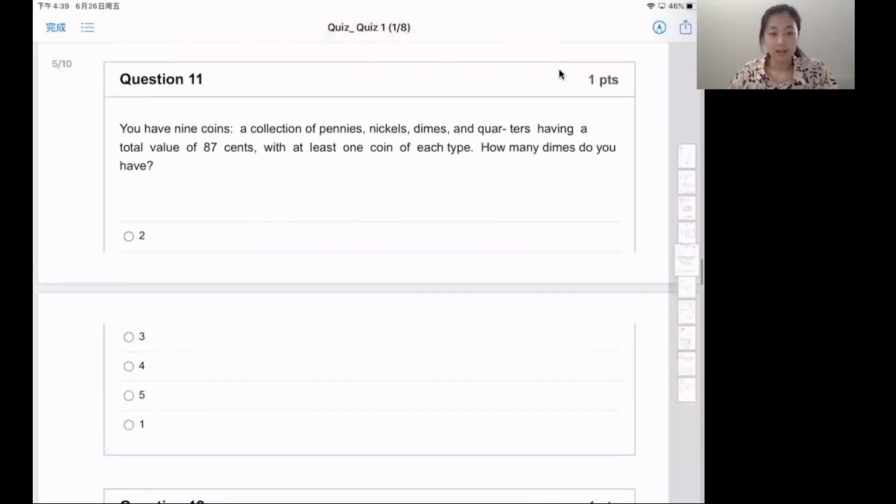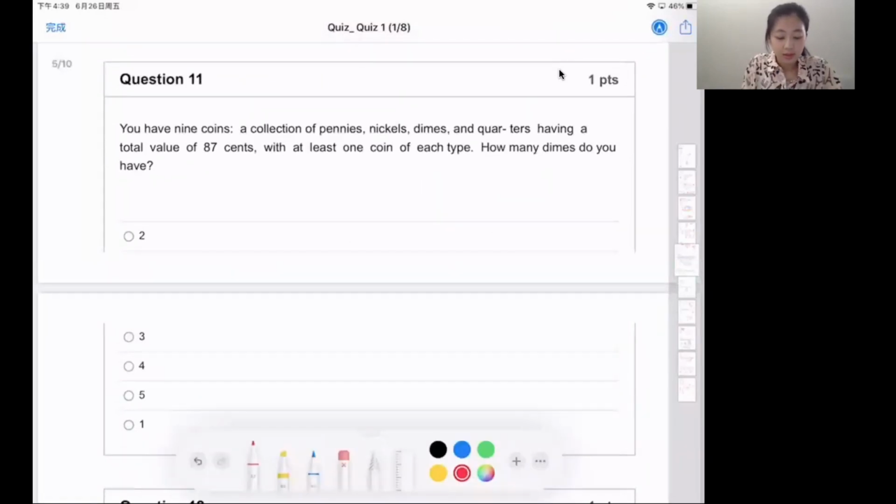Number 11. 9 coins, only use 9 coins and at least 1 coin of each type, right?